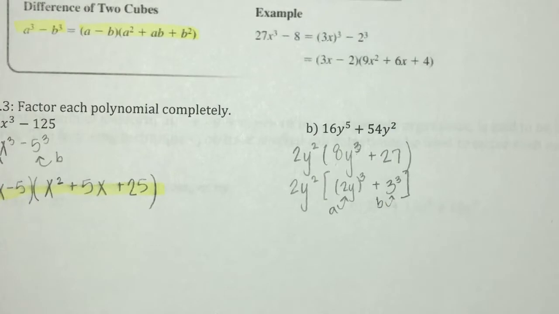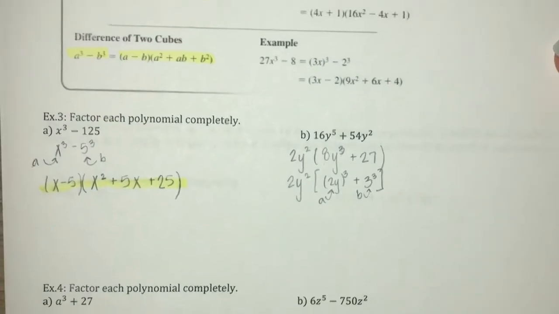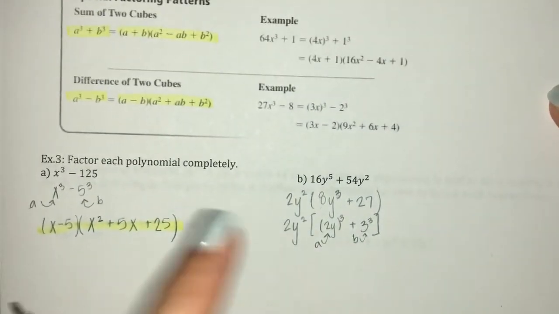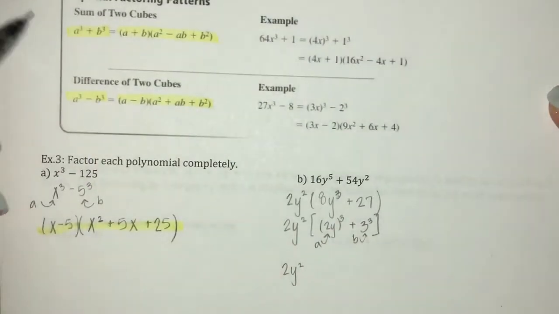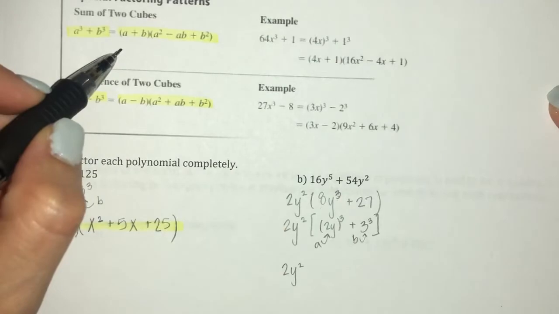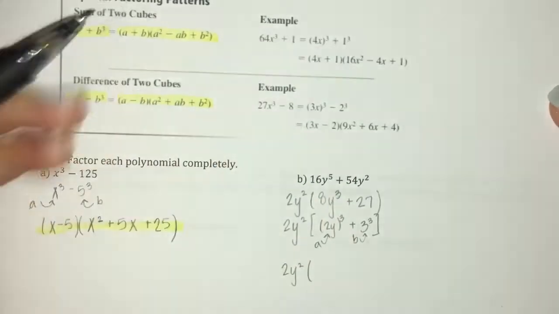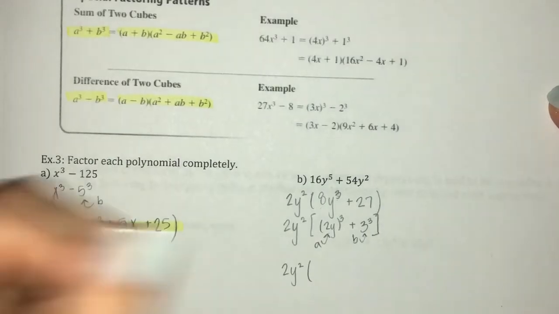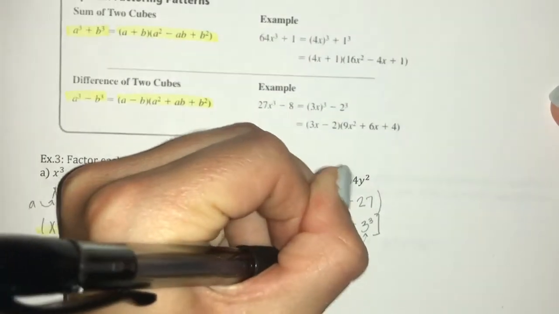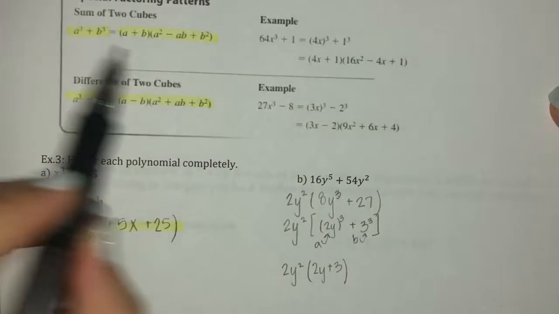So if I want to factor this completely, I need to use that pattern. The 2y squared will just come down. And then a sum of 2 cubes, a cubed plus b cubed, factors into a plus b, so it'll be 2y plus 3, times a squared.